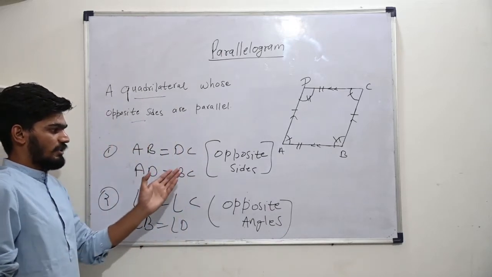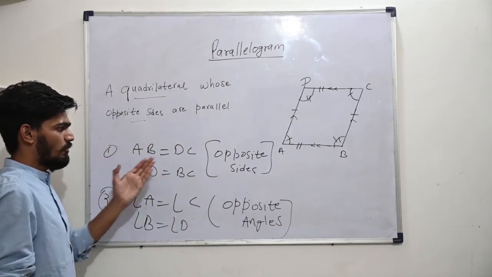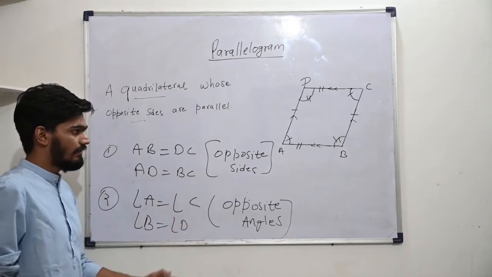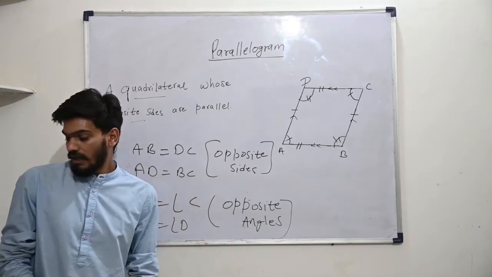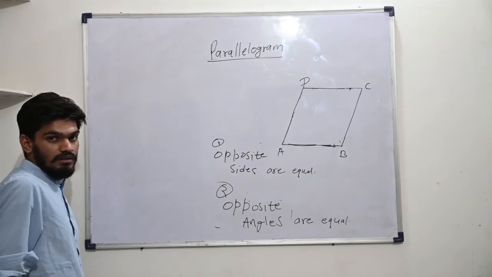Okay, so two basic properties we have seen of a parallelogram: opposite sides are equal and opposite angles are equal. Alright, we'll talk about the other two properties as well.